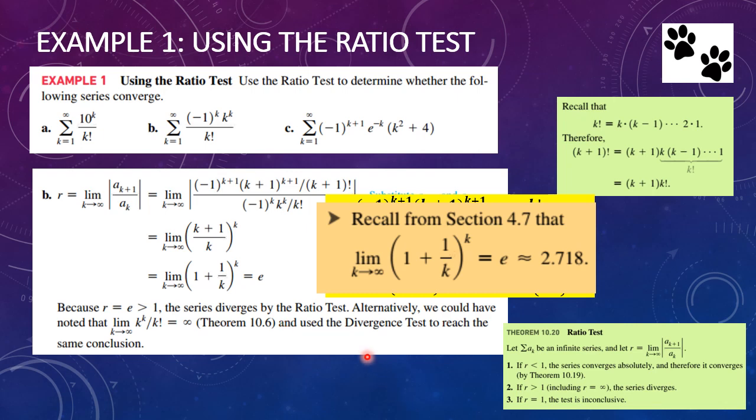It's also interesting to know, we could have noted that the limit as k goes to infinity of k to the k over k factorial, which is the original function, equals infinity, which was theorem 10.6, and use the divergence test to reach the same conclusion.